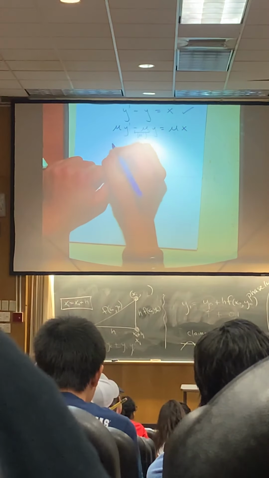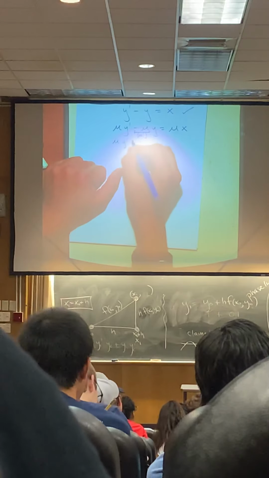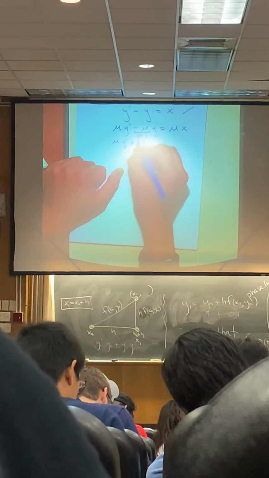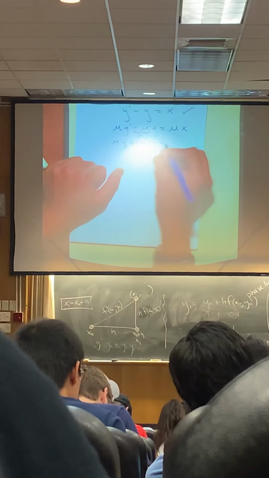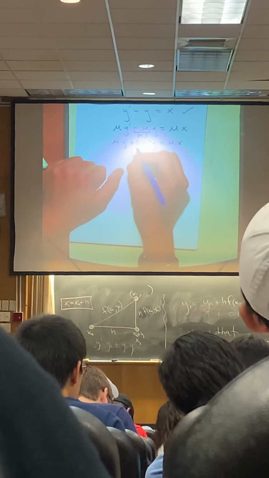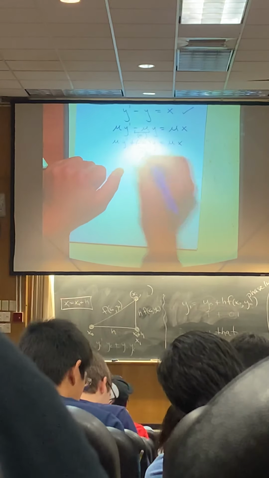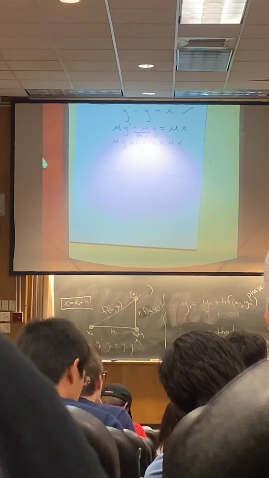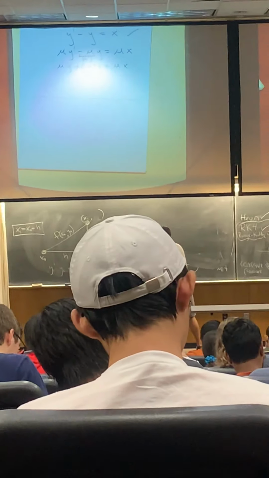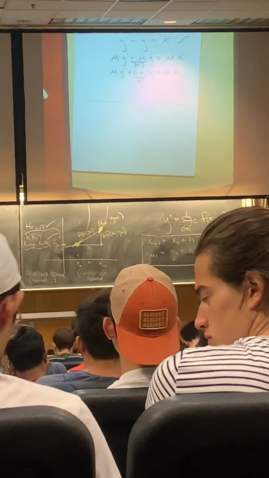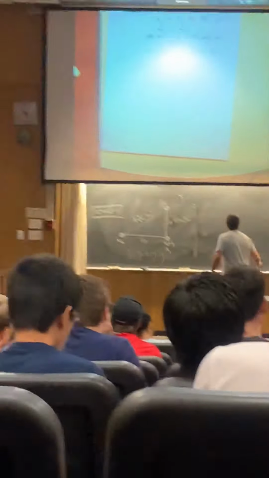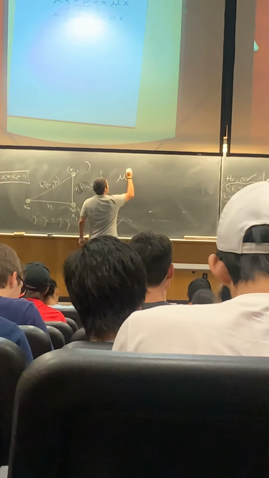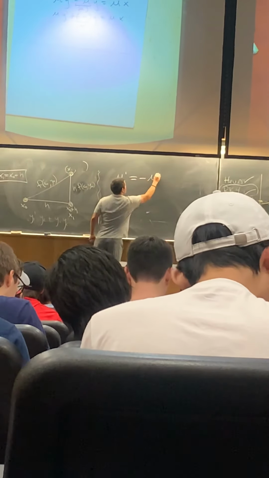So let me just write it again. This is mu y prime plus minus mu y equals mu x. And whatever minus mu is, better be mu prime. So if minus mu is mu prime, right there, within the problem that I want to solve, I have this: mu prime equals minus mu.